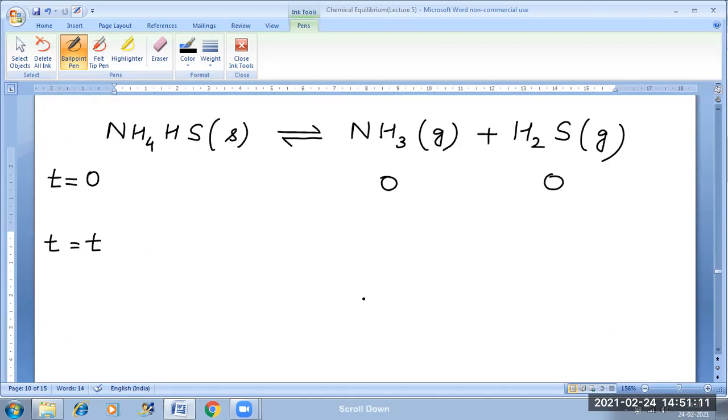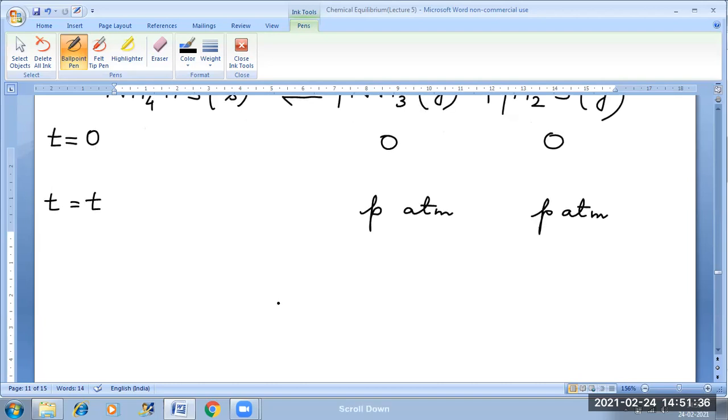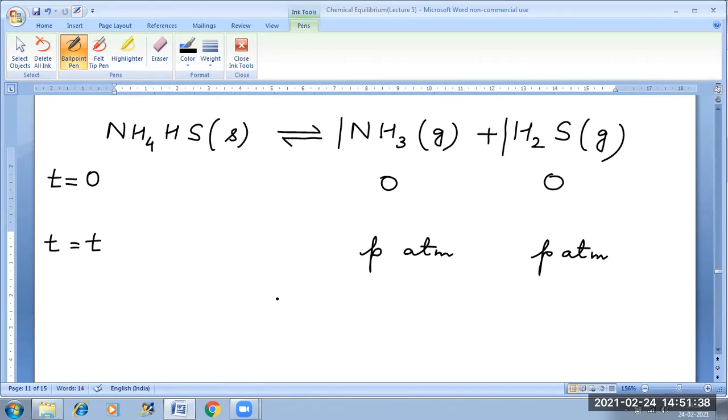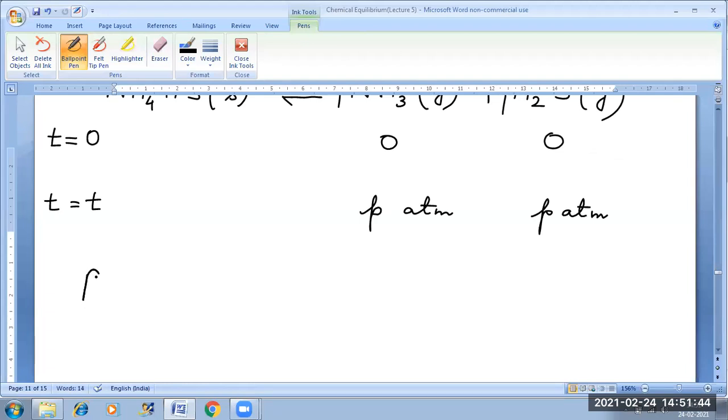If you look at NH4HS, that's a solid, so that will be ignored completely. So let's say that here I have P atm, then here also I will have P atm, because the coefficients 1 and 1 are the same. So P atm and P atm are the partial pressures of NH3 and H2S respectively. Total pressure is 1.12 atm.